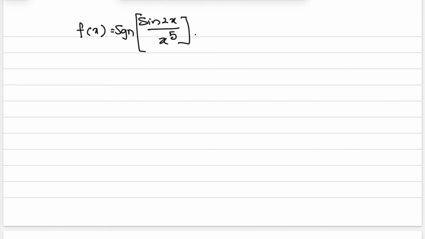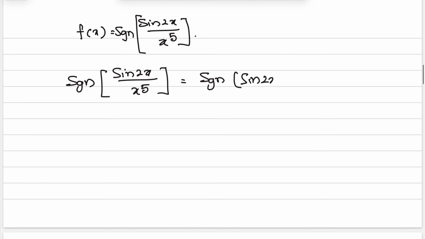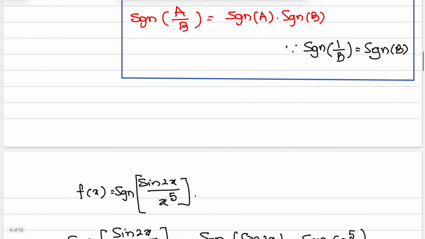Now, this value signum sin 2x by x to the power of 5 is equal to signum sin 2x into signum x to the power of 5, from the property what we have got here, second property.